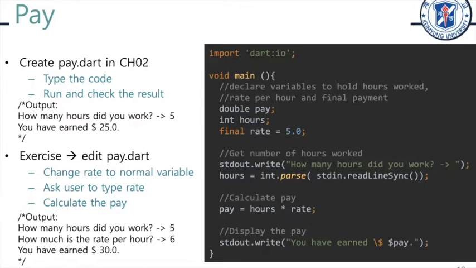So in this program, the pay is a double because money is decimal, and the hours that you work is an integer because you're going to work either 4 or 5 hours. And then we have a constant, which means your hourly pay rate never changes.